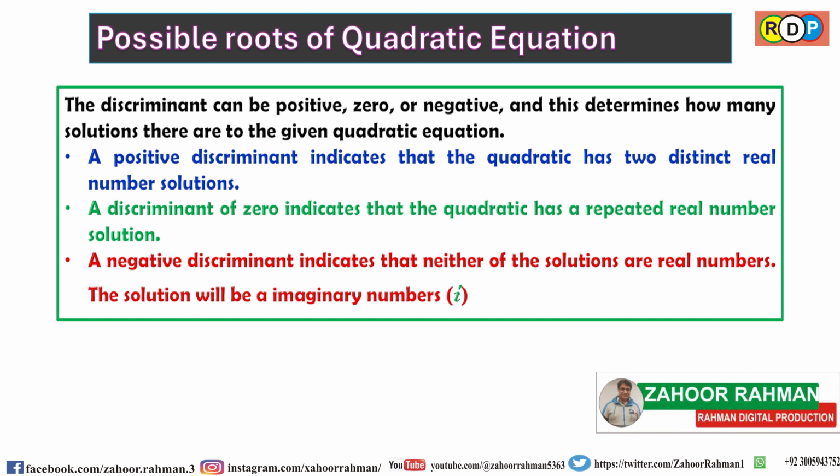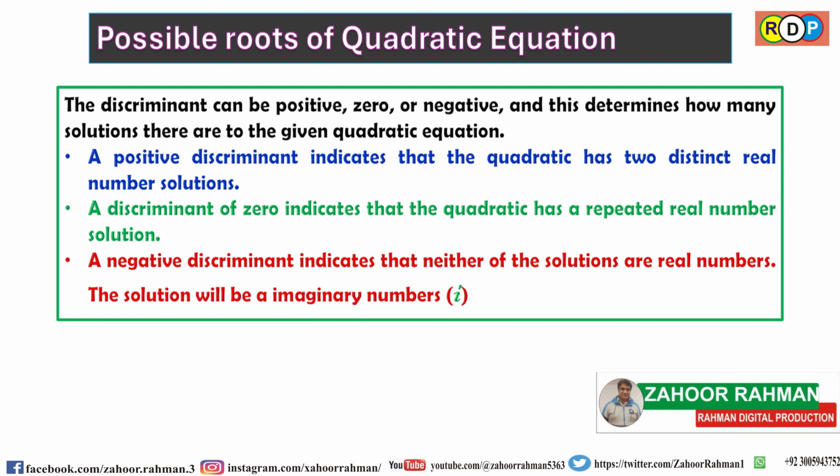The first one is a positive discriminant, and that indicates that the quadratic has two distinct real number solutions. What does it mean? It means that the two solutions, that is root 1 and root 2, we are finding will be different from each other, and those will be real numbers.